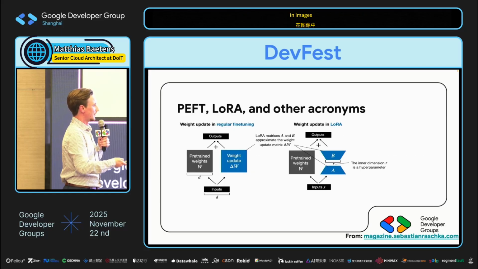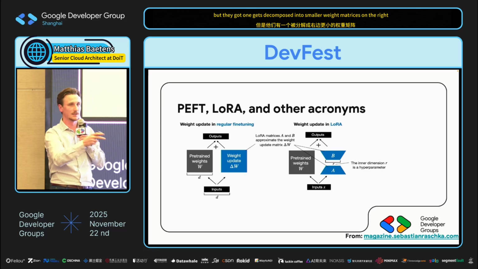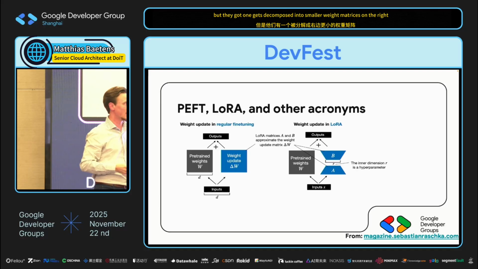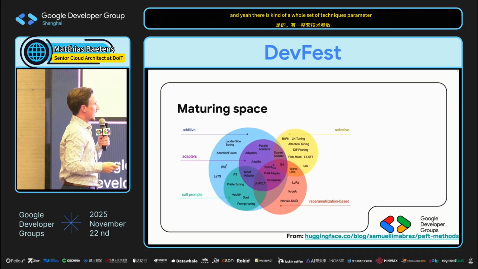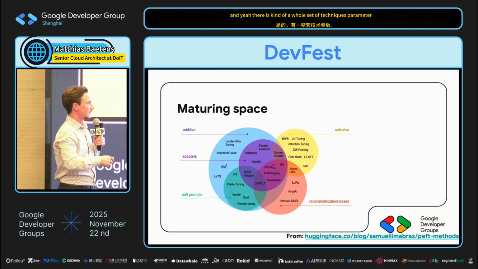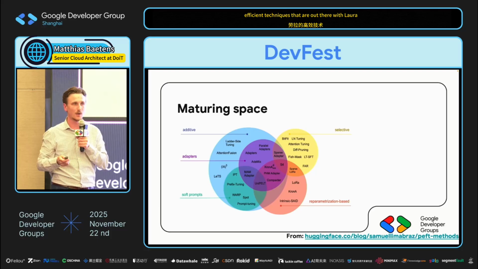With LoRA, in the images, we can see the weight update matrix on the left, which gets decomposed into smaller weight matrices on the right. There's a whole set of parameter-efficient techniques out there.